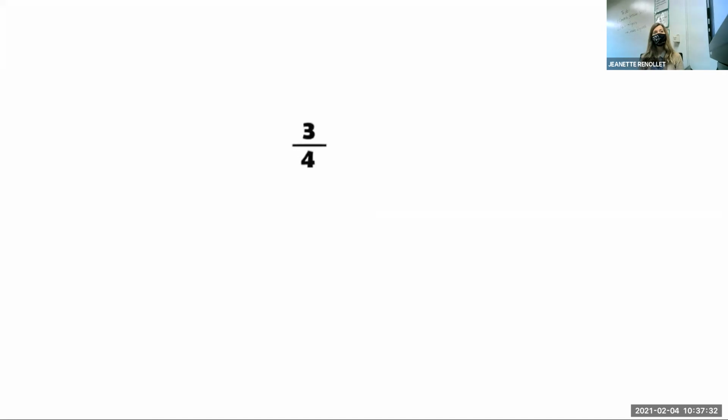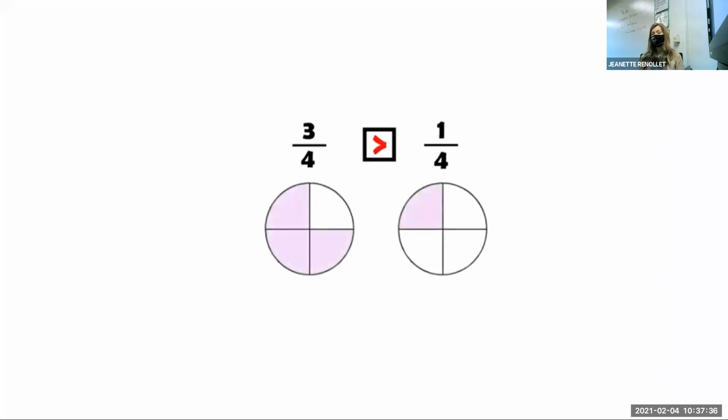As you know, a fraction is greater than another fraction if it represents a bigger chunk of the same whole. And if two fractions are divided into the same total number of equal parts, then we say these two fractions have the same denominator, and the greater fraction is the one with the greater numerator.